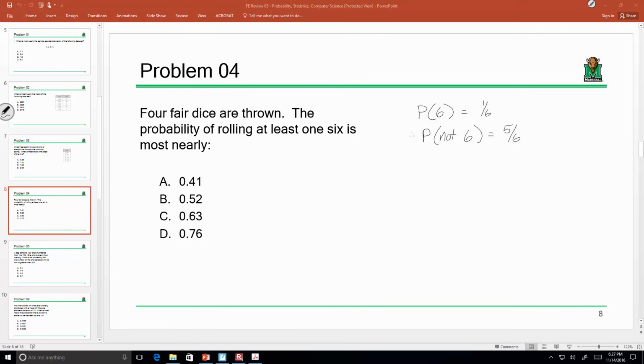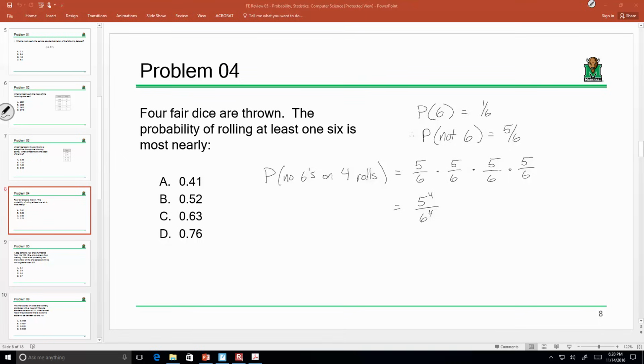Now, the probability of not rolling a 6 once is 5/6. Let me scrunch this over here. The probability of no 6s on 4 rolls would be 5/6 times 5/6 times 5/6 times 5/6, or 5 to the 4th over 6 to the 4th.